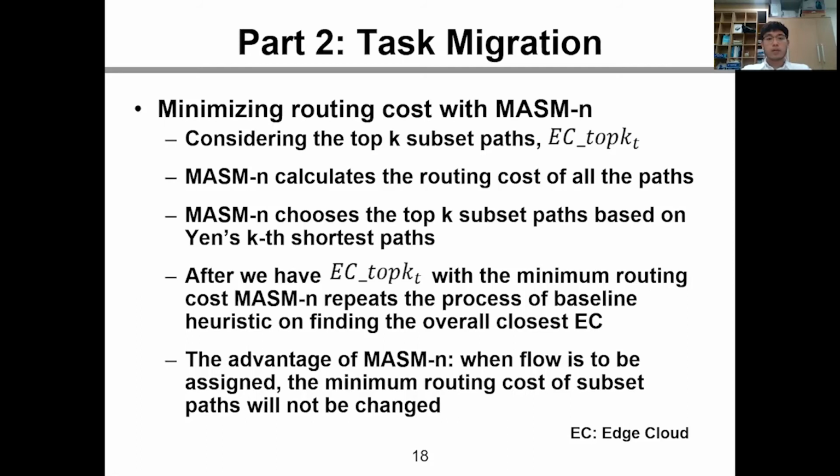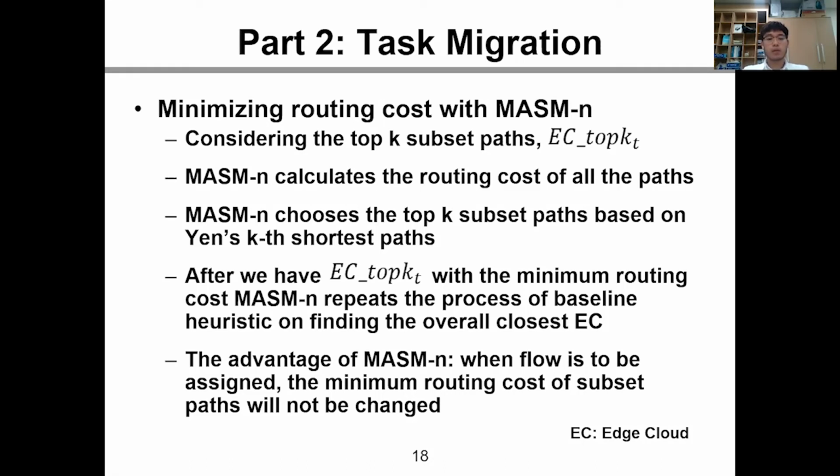So here are the algorithms to minimize the routing cost. First, we consider the top K subset path. Then we calculate the routing cost of all the paths. Then we choose the top K subset path based on Yen's K shortest path algorithm. After that, we will have the minimum routing cost.